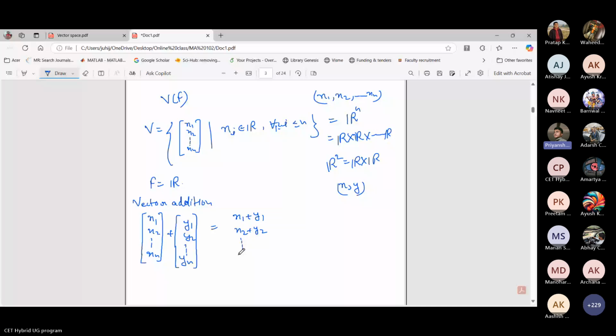Ma'am, during vector addition, are we just dealing with the magnitude of the vector, or are we taking the direction component in it as well, or only magnitude? Okay, that is a very good question. But these vectors are not those vectors which include magnitude and direction. Here, the elements of V are simply called vectors because this space is defined as a vector space.